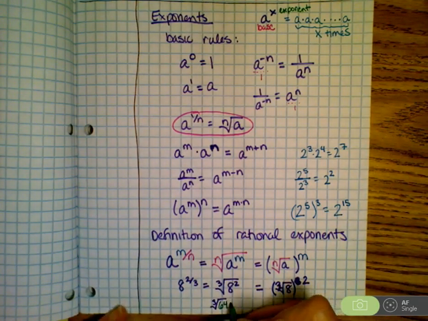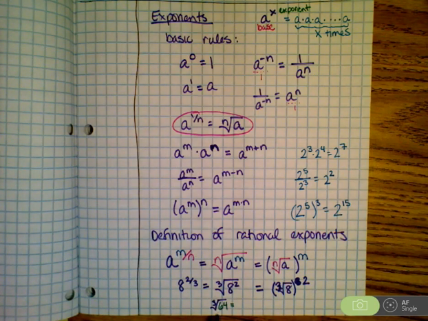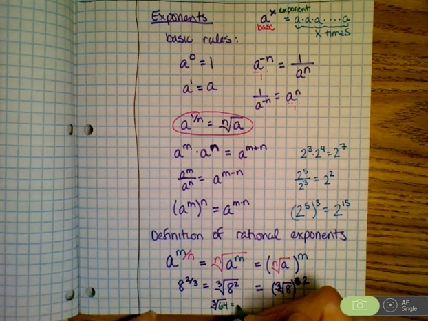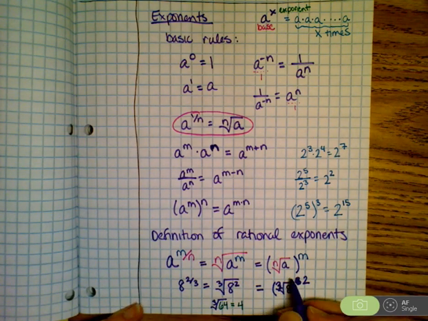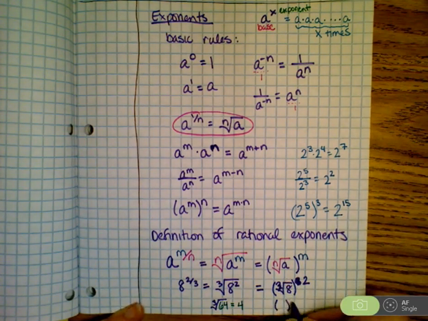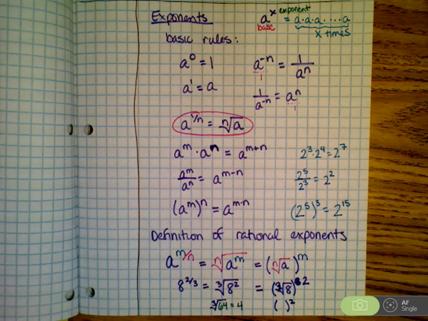But the cube root of 64, so you want what number cubed is 64. So something times itself is 64. That's equal to 4. And over here, we do this cube root of 8 first. So we're going to square the cube root of 8. Well, the cube root of 8 is 2, because 2 times 2 is 4, and 4 times 2 is 8.